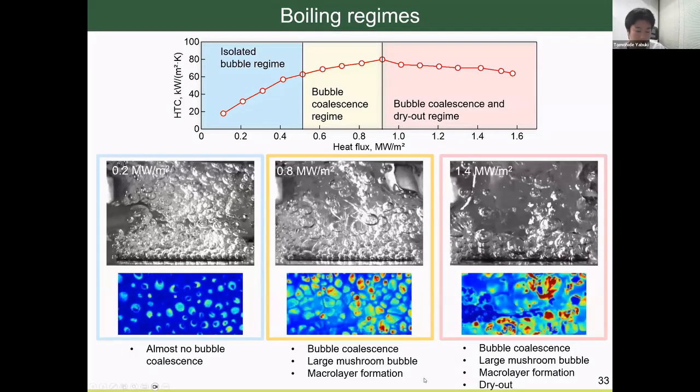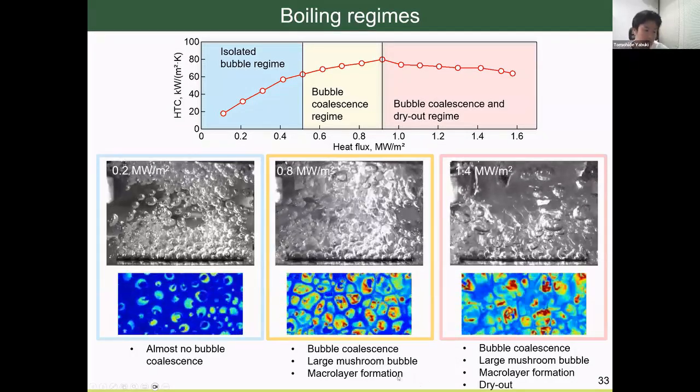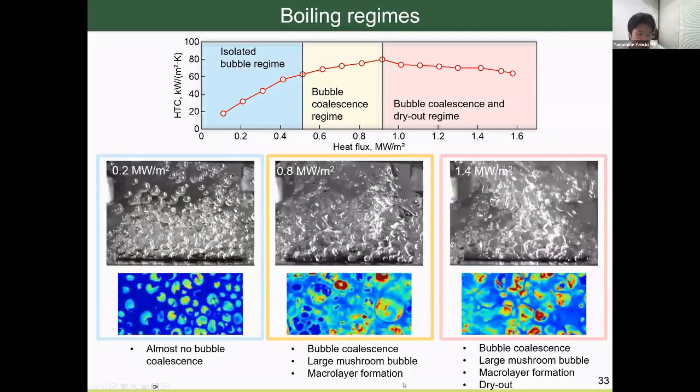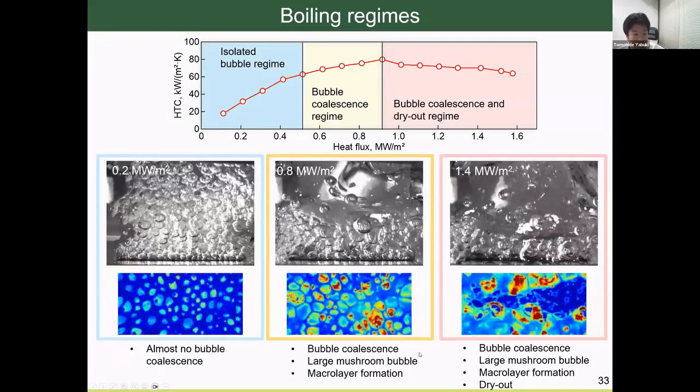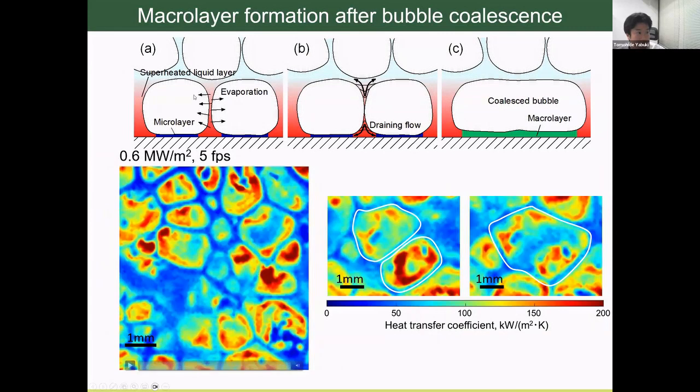And finally, I'd like to show the observational result for the macrolayer formation process and the dry patch formation process. This shows the macrolayer formation process: the superheated liquid between bubbles is evaporated, and this evaporation results in the coalescence of the bubbles in a high heat flux region.